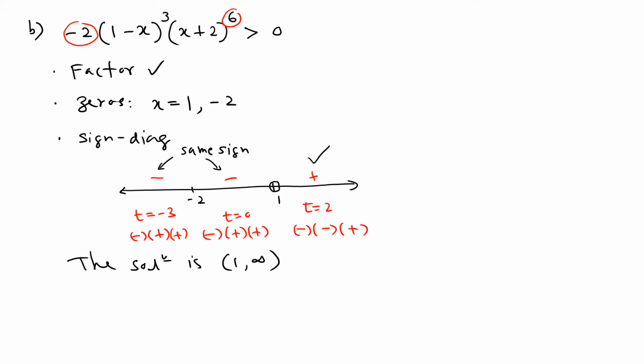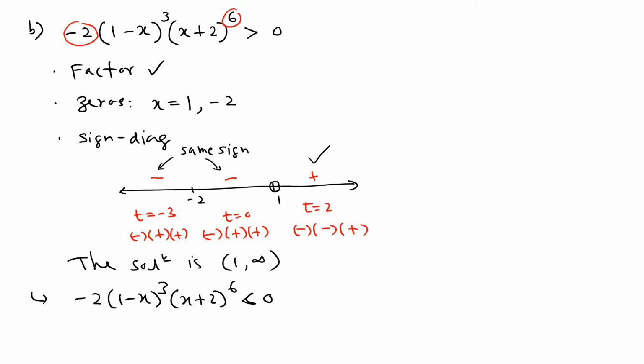Good. And also, as an extra, if you had the inequality -2 times 1 minus x cubed times x plus 2 to the 6th power less than instead of greater than, then it's going to be the other two intervals, but you still cannot include -2 in the solution, because if you put in -2, it's going to be 0.